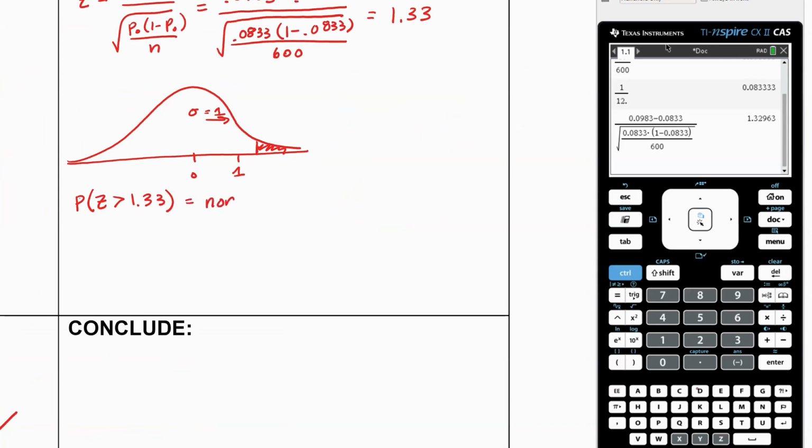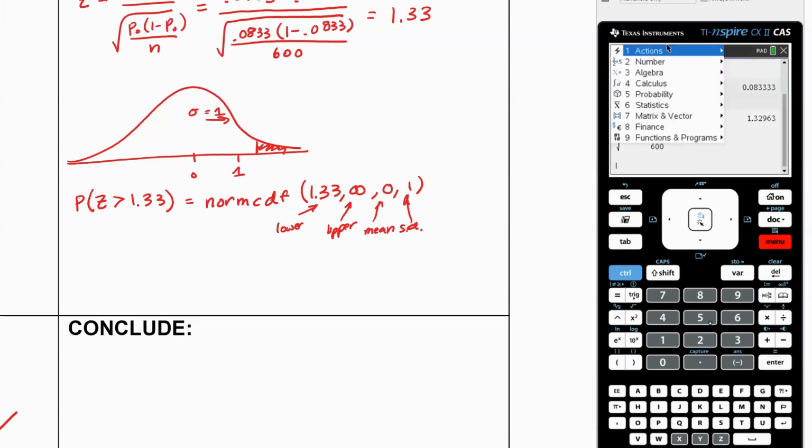And that's going to be a norm CDF with 1.33 being the lower bound, infinity being the upper bound, 0 being the mean, and 1 being the standard deviation. So here's our lower, here's our upper, here's our mean, and here's our standard deviation.